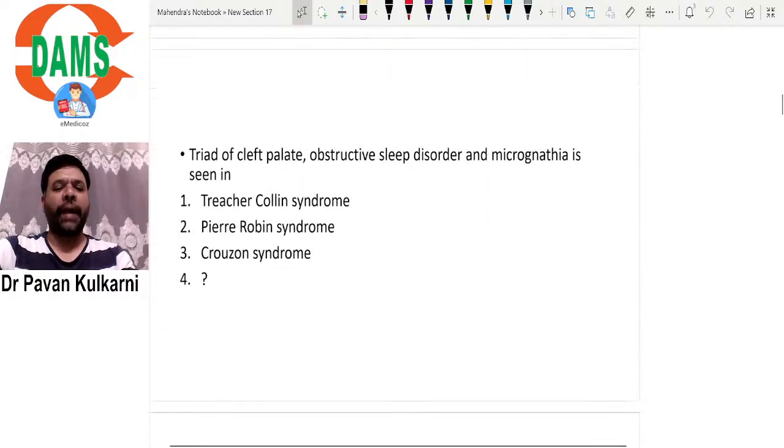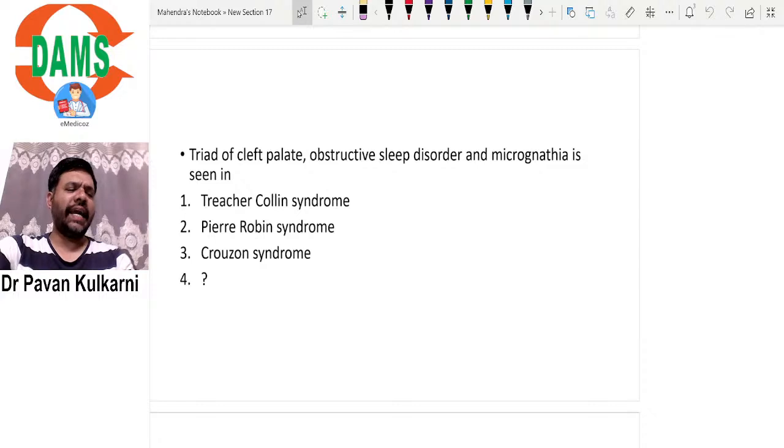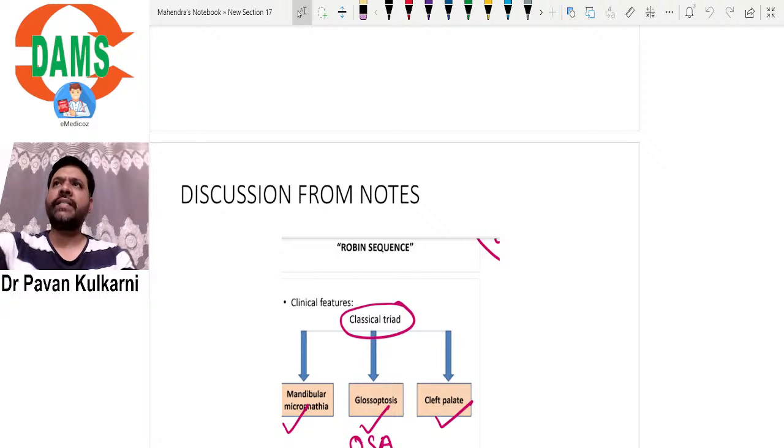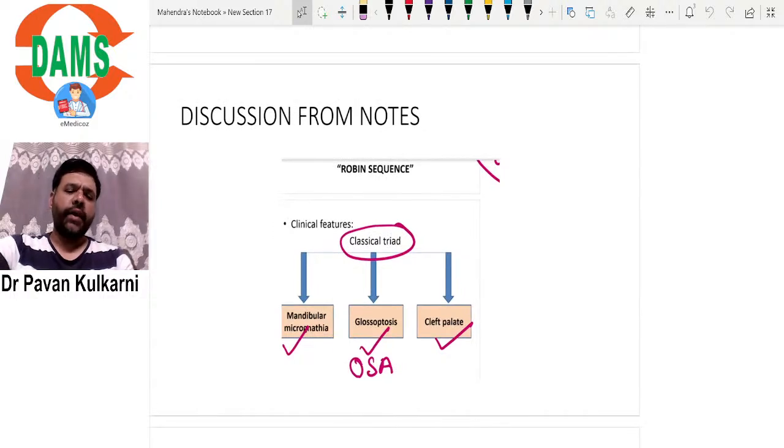A triad of cleft palate, obstructive sleep apnea, and mandibular micrognathia is seen in Pierre-Robin syndrome, Treacher-Collins syndrome, Klausen syndrome, or one more option. This is a classical single-liner MCQ: Robin sequence, also known as Pierre-Robin syndrome, shows the classical triad of mandibular micrognathia, glossoptosis, and cleft palate.